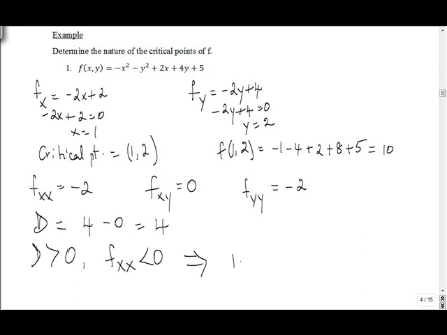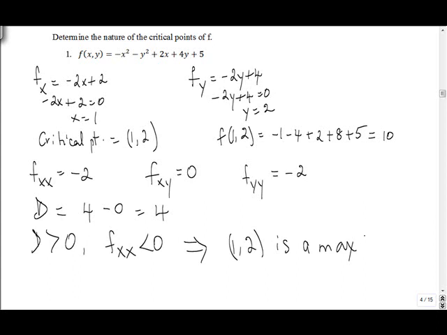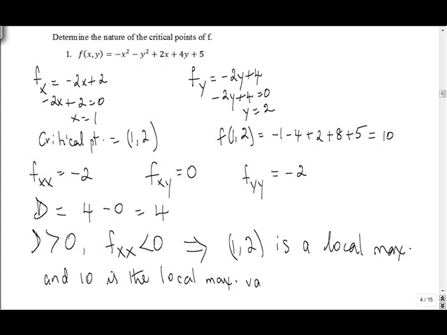So this implies that 1, 2 is a local max. And what we got, 10 is the local maximum value. Okay.